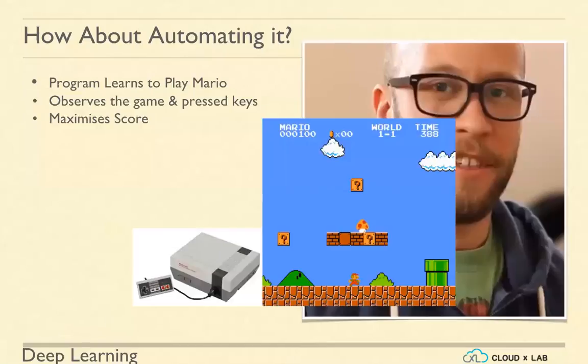So the way it was automated is, the program hooked into the simulator, kept observing the screen, pressed the keys and tried to maximize the score. All right, let's take a look at how it went.